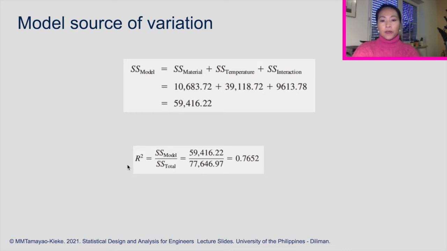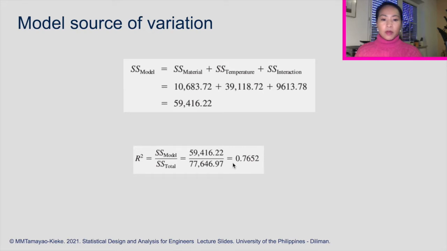To get R squared, okay, the model source of variation, we just get the ratio of SS model and SS total. Okay, so we know that SS total is 77,646.97. And so the ratio of SS model versus SS total is just 0.7652.